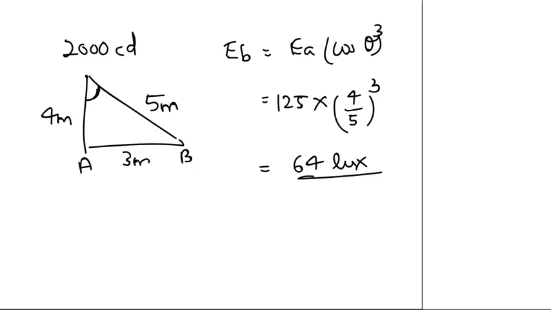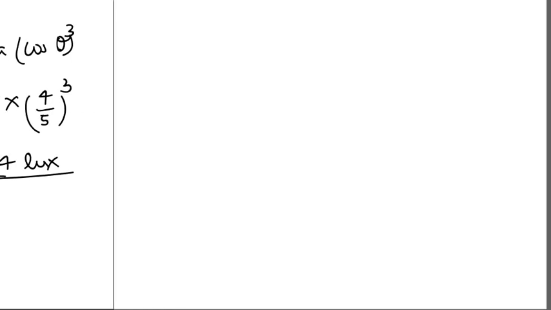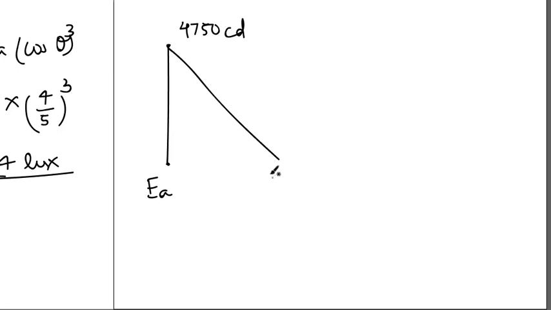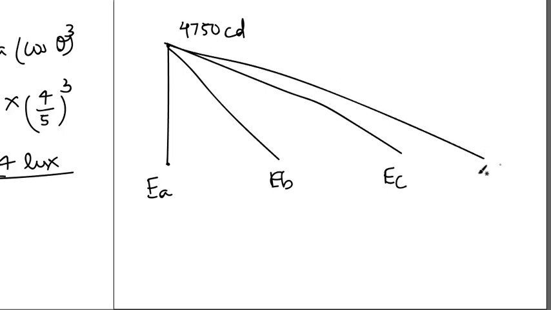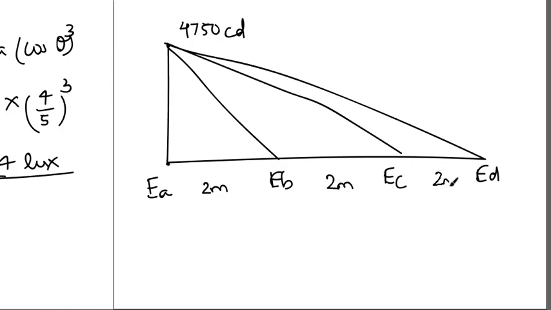So I'll give a practice question for you. If I have an intensity of 4750 candela, what will be my illuminance at point A, illuminance at point B, illuminance at point C, illuminance at point D. The distance here is 2 meter, and a further 2 meter away, and a further 2 meter away.